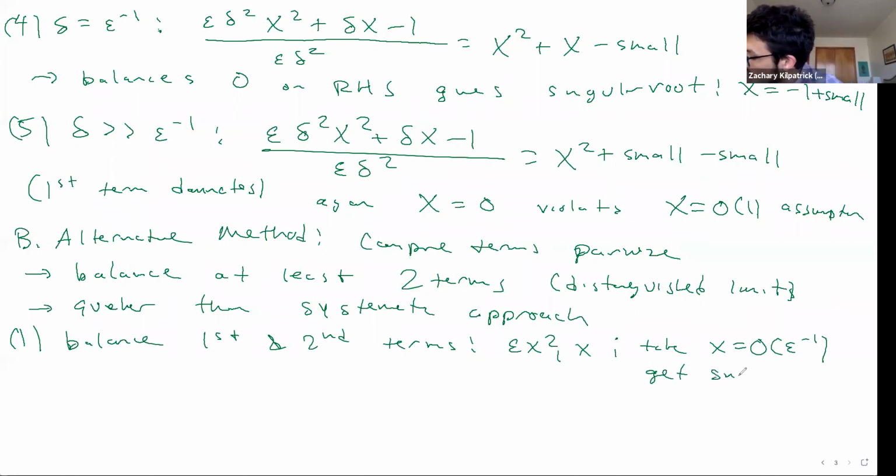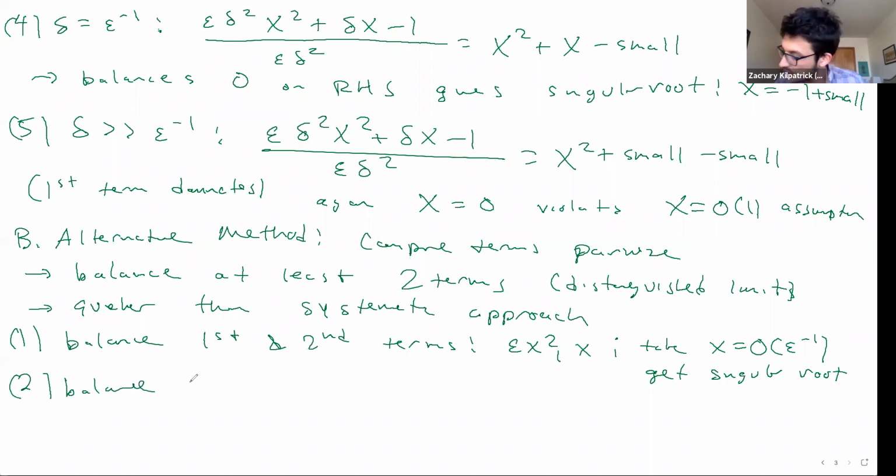And this would get me the singular root, okay? This will often work when maybe the systematic approach doesn't work or it's just taking forever, right? I look at two terms in my equation and I say, let's have those be the same order. In that case, what does my unknown variable have to scale like in order to match those terms up? In this case, x needs to be of order epsilon to the minus one, okay? That would give me the singular root.